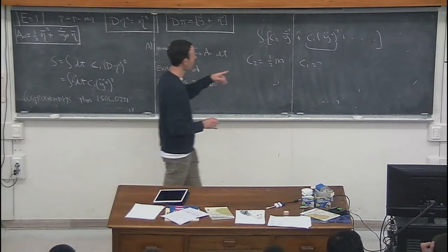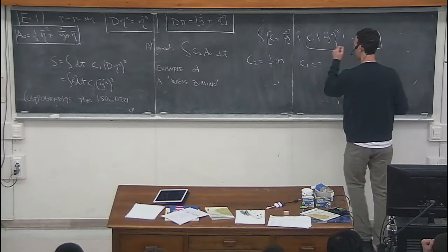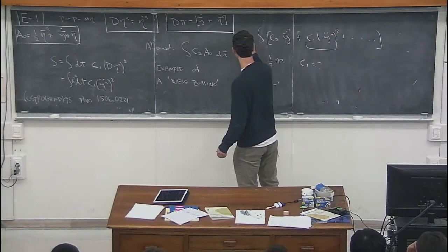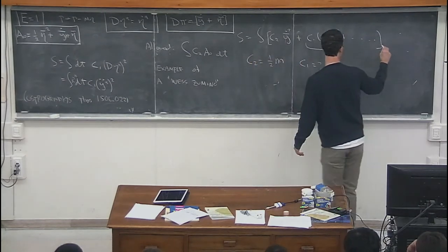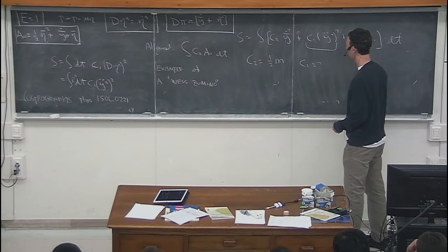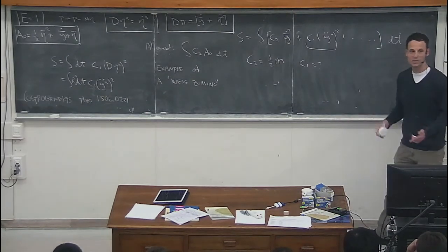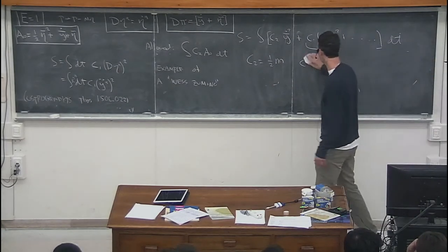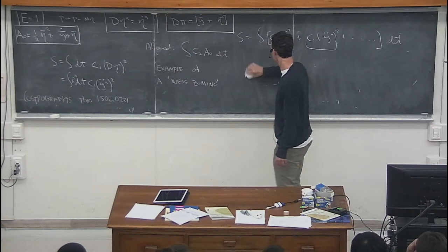So let's work out the dimensional analysis and figure out what's going on here. So this is S, and there's a dt here. Let's figure out what the units are of C1 and see if we can make some physical guess as to what parameters C1 will depend upon.